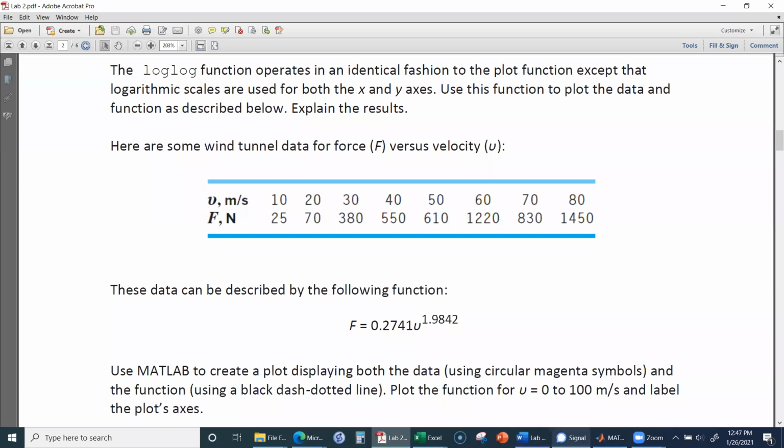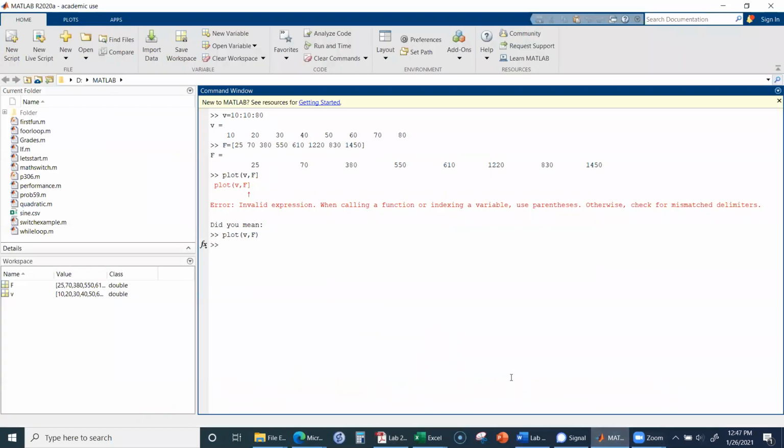Okay, so maybe I can represent this force by the formula, as with some other variable.